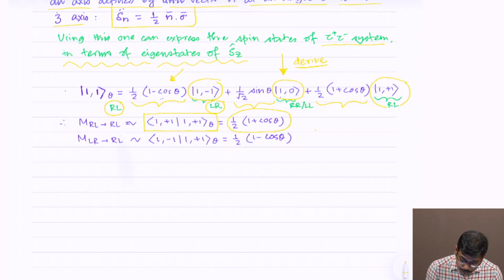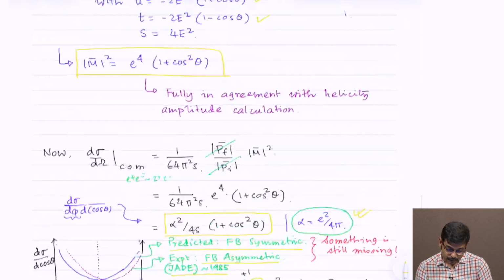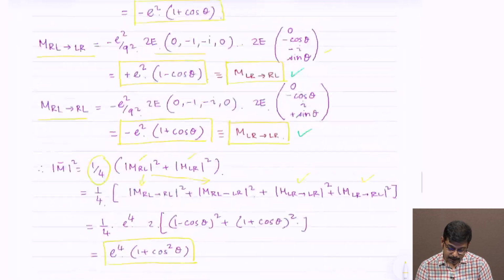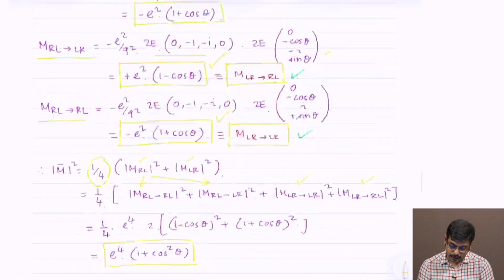Similarly, if you want to find M LR to RL, that means you have to take a projection of 1 minus 1 onto 1 plus 1 theta, and you can clearly see from this expression that this is half into 1 minus cos theta. These are exactly the expressions that we found with this helicity amplitude technique. You see, this is exactly the amplitude 1 minus cos theta and 1 plus cos theta.